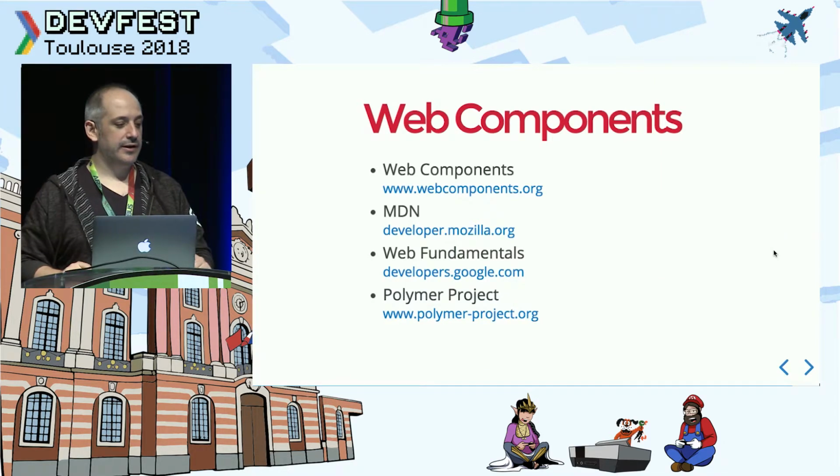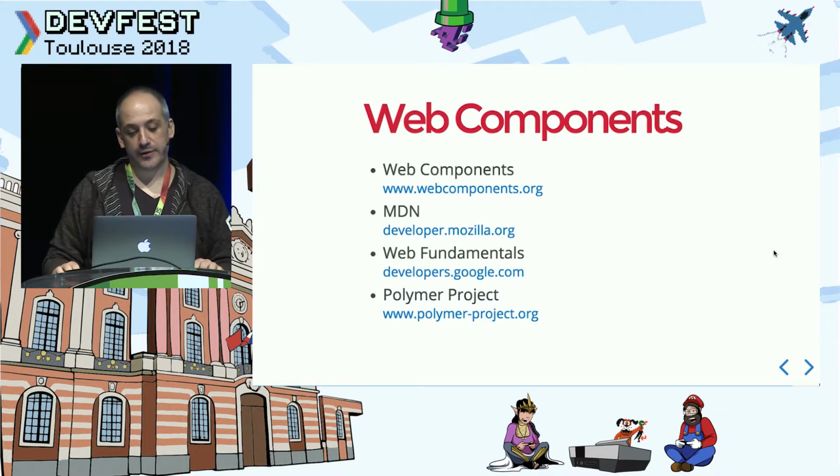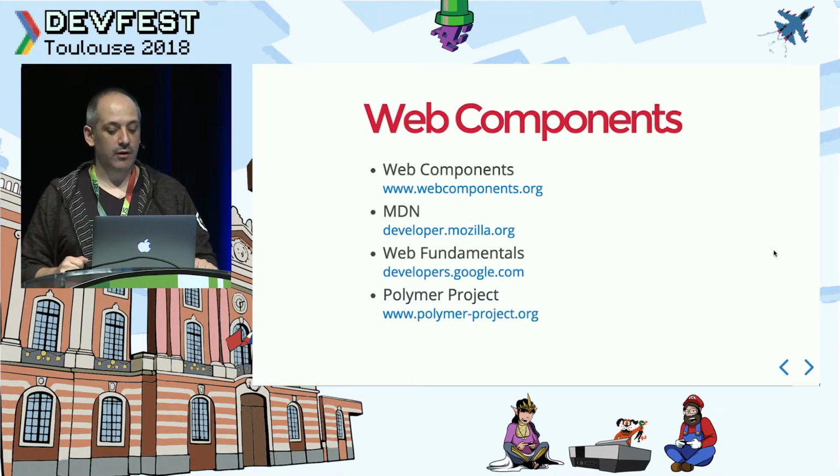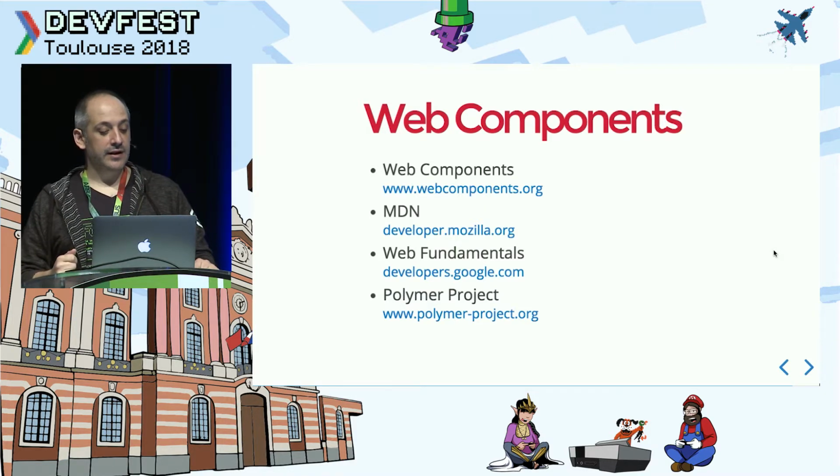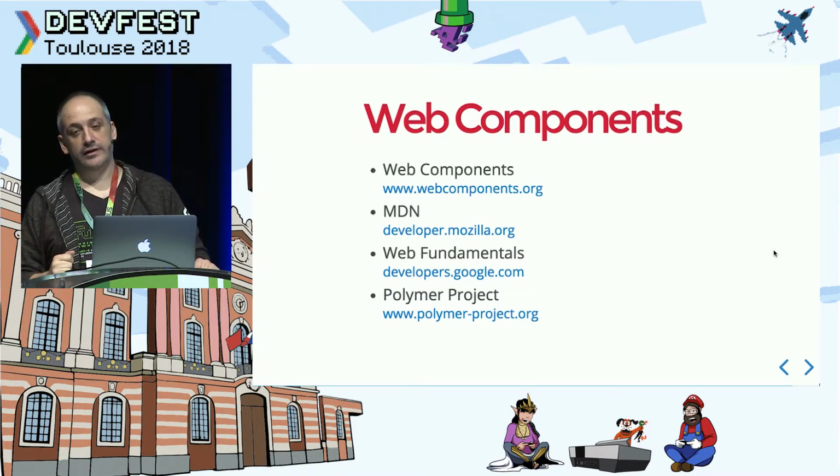Some resources, web components. If you want to learn about web components, I recommend you go to webcomponents.org. MDN, developer.mozilla.org, has a lot of very good information about web components, custom elements, custom events, slots, and so on.